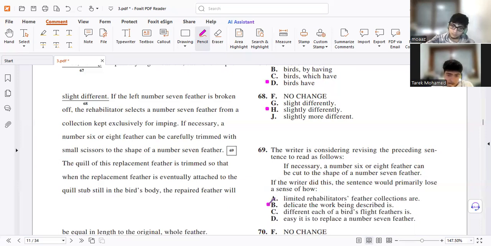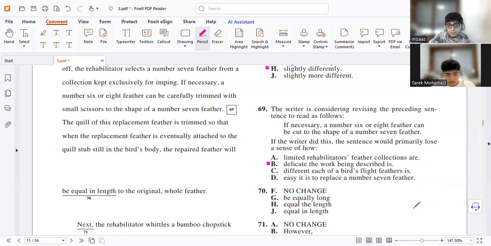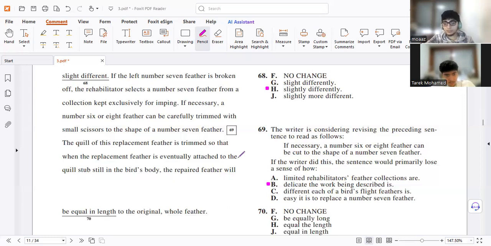How? What next? For letter 69, B. Muaz, are you saying something? No.